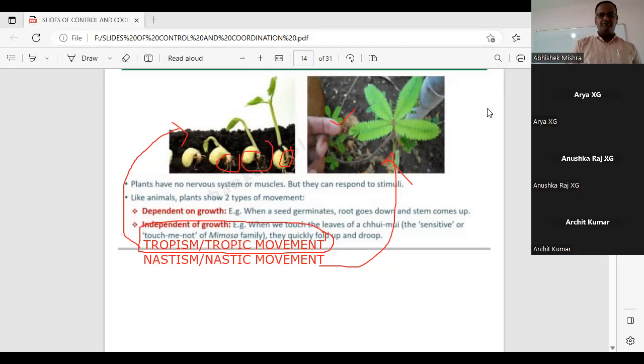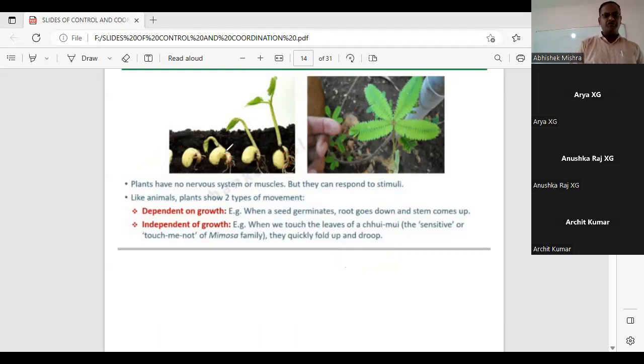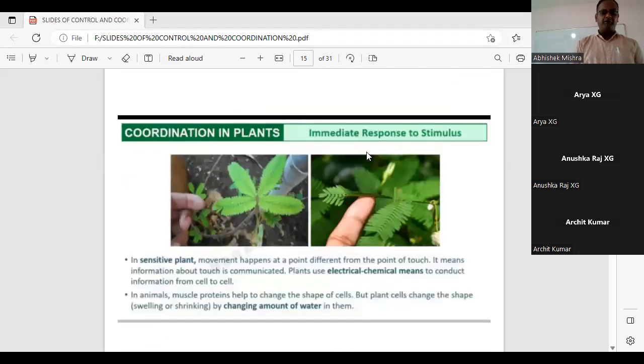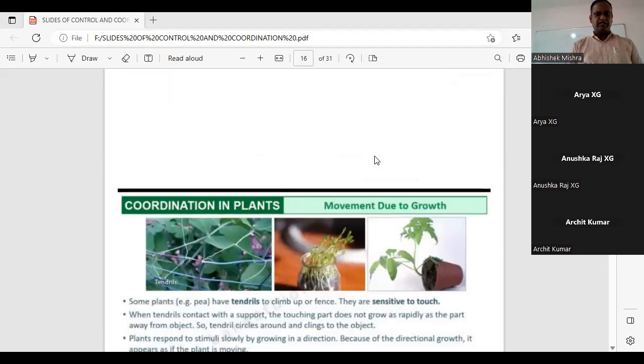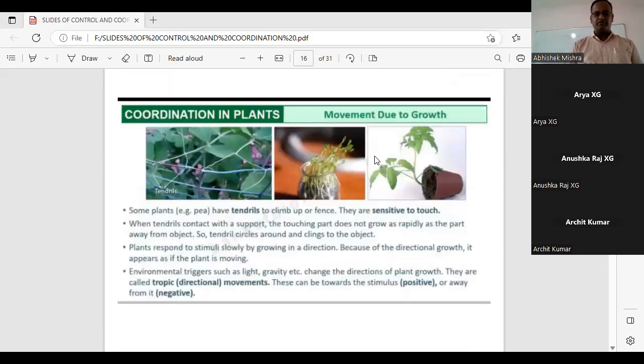Now we will come to the next part. Students, we will come to the different types of tropic movement and the different types of nastic movement. Now let me use my whiteboard.